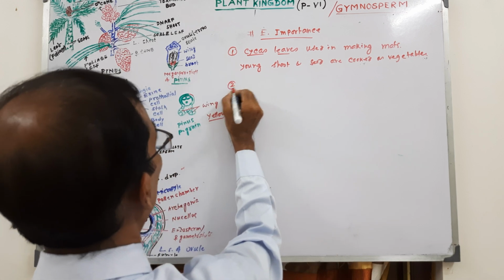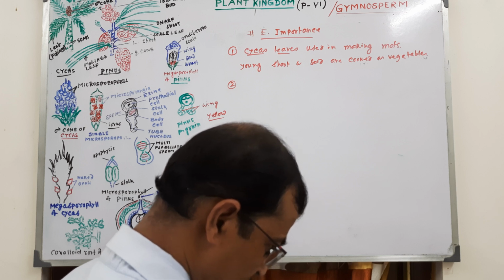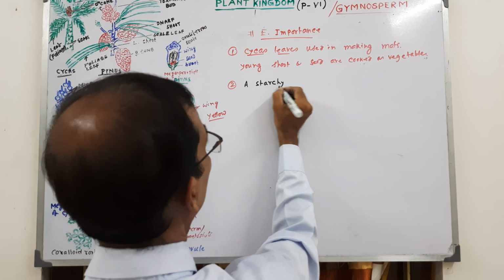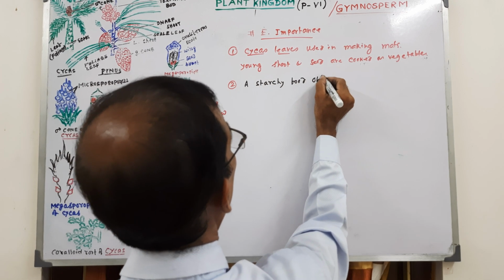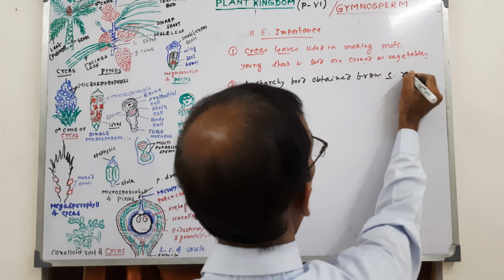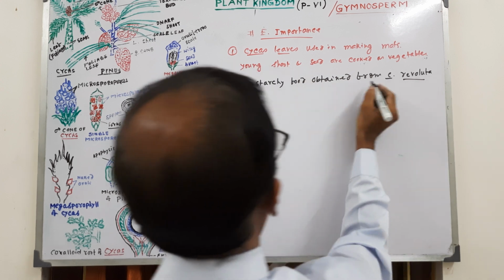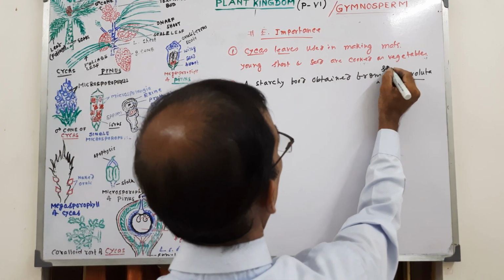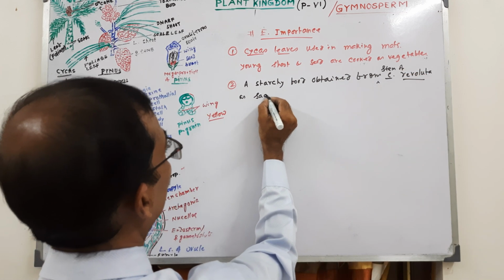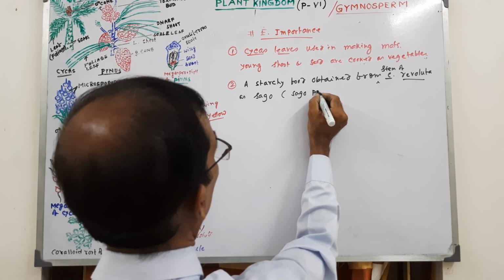Okay. Number two, a starchy food obtained from stem of Cycas revoluta, in the form of sago, so it is called sago palm. So Cycas is called sago palm.